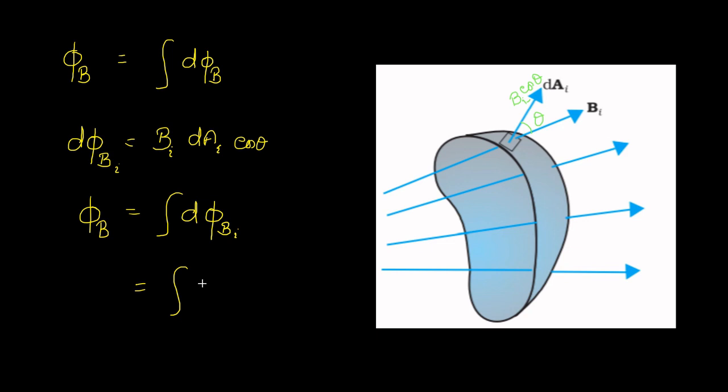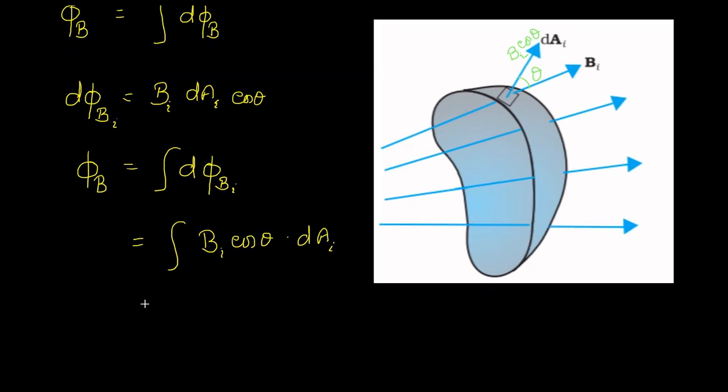So phi b equals the integral of Bi cos theta dAi, or this can simply be written as the integral of Bi dot dAi.